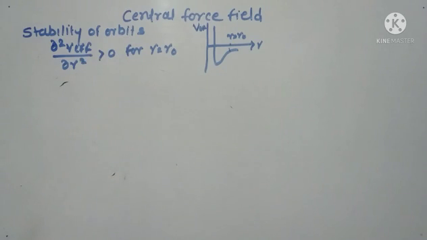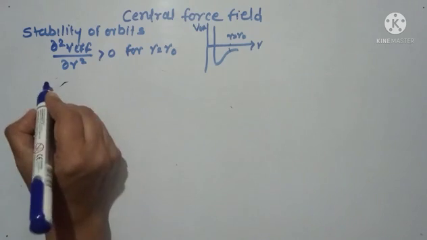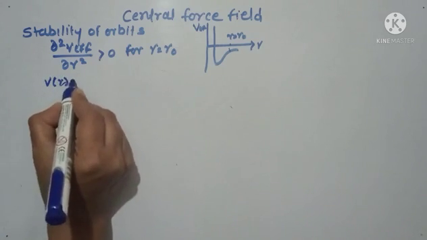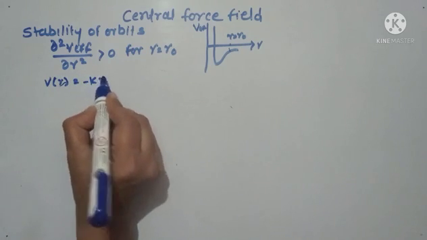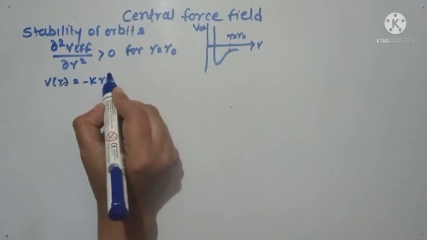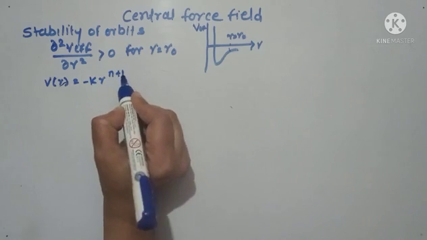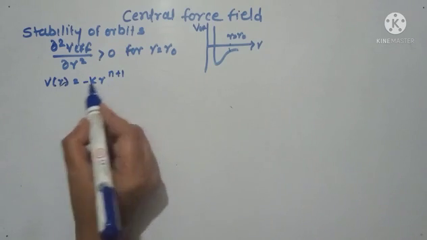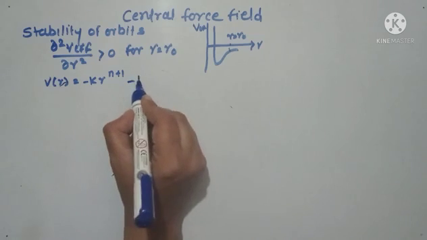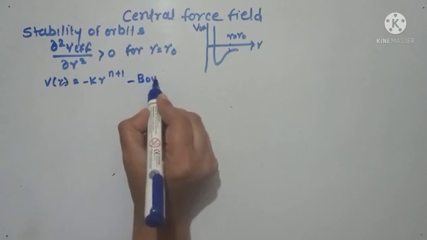Now let us consider a potential of the form V of r equal to minus k r raised to n plus 1. We have taken this particular potential because it represents a bounded motion.